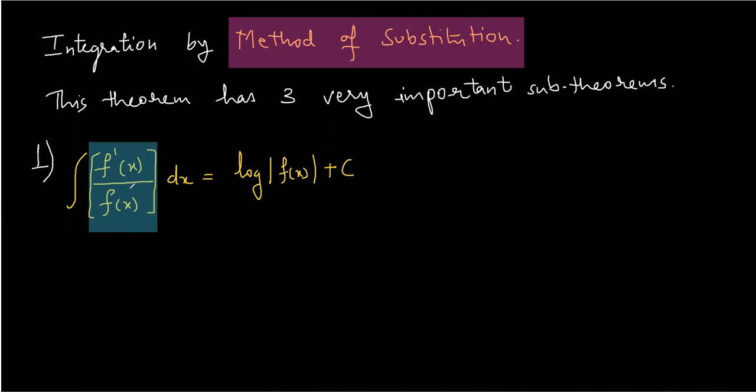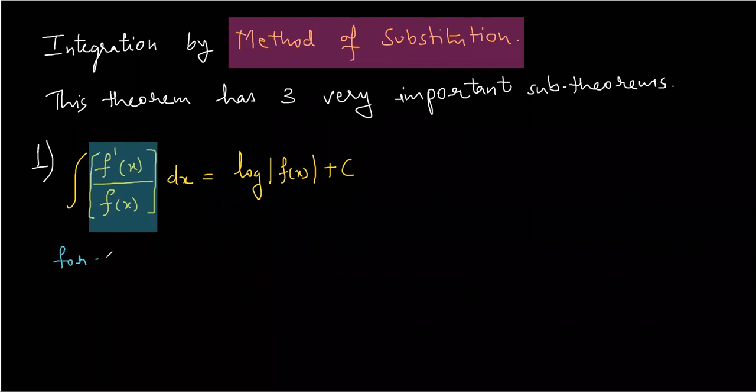You have f dash x upon f of x. If the numerator of the integrand is the derivative of the denominator, then the integration of this whole integrand will be log of mod of the denominator. So let me give you an example for this.